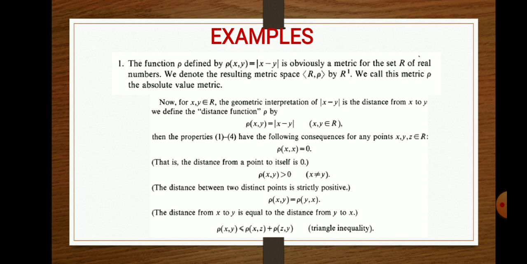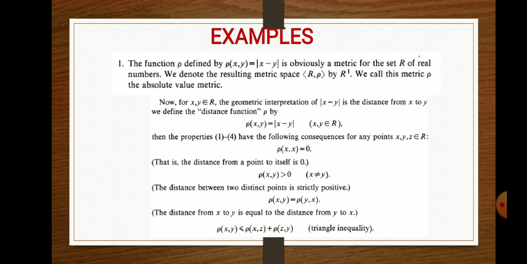The first example is R with the absolute value metric. So consider the real number system. Now we define a function rho as rho of x comma y is equal to modulus of x minus y. This is the absolute value of x minus y.